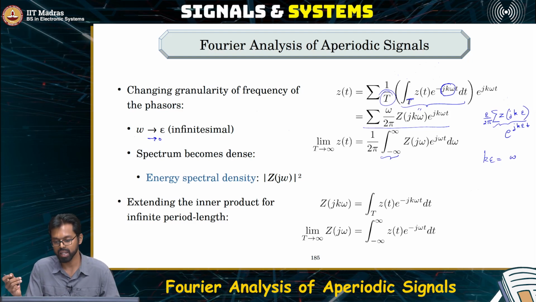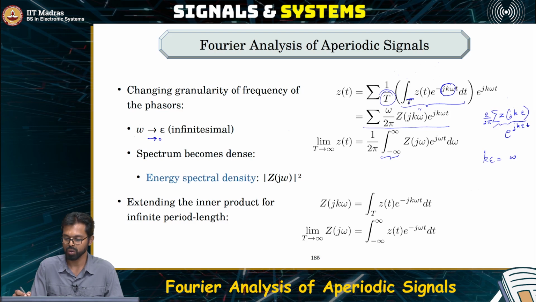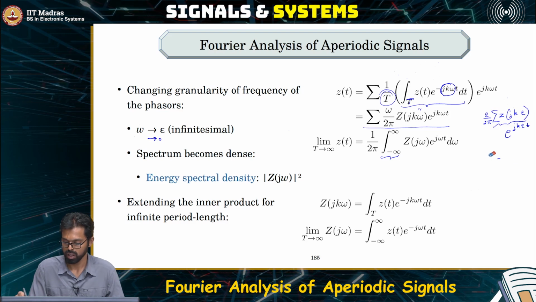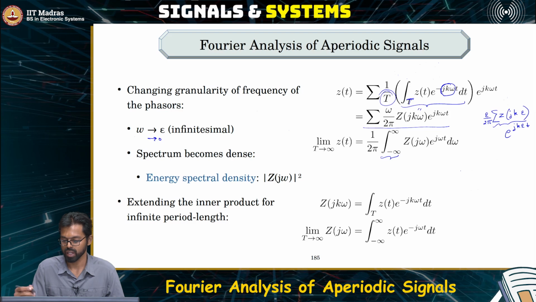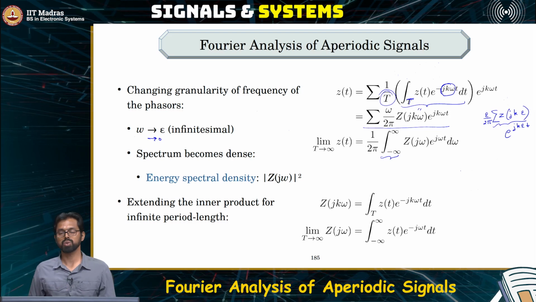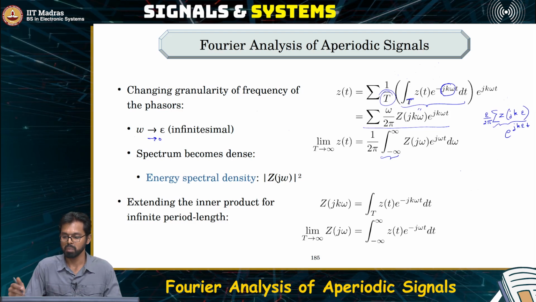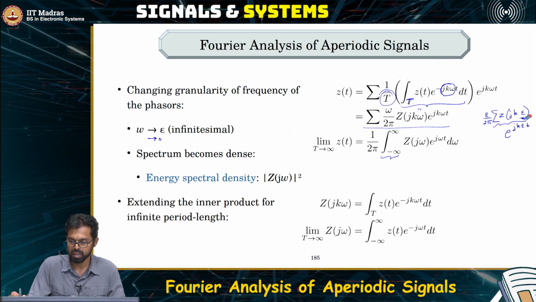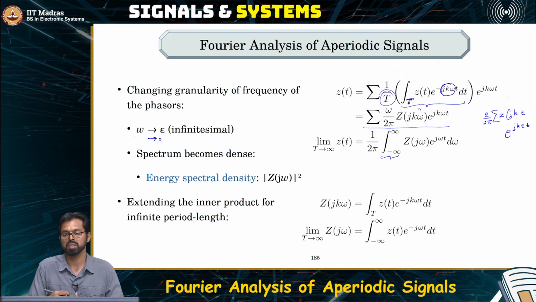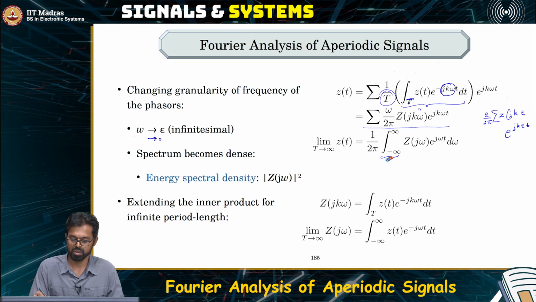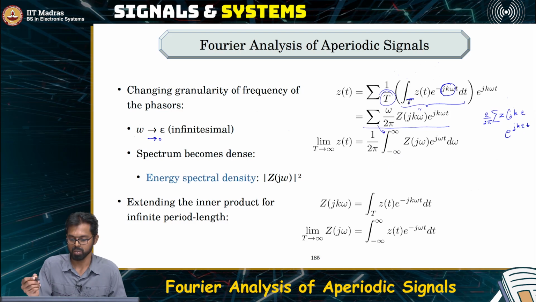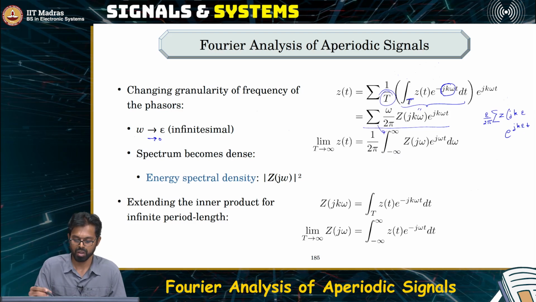It can take any value continuously, because now it becomes a continuous number. Earlier it was a discrete number: for k equal to 1 you got one number, for k equal to 2 you got another. So it was discrete. But now, because epsilon is arbitrarily small, you can think of this as a continuous number. So once you have a continuous number, you replace this summation with an integral.